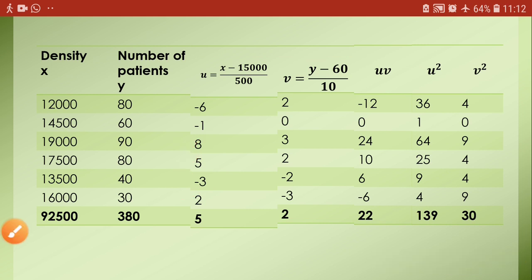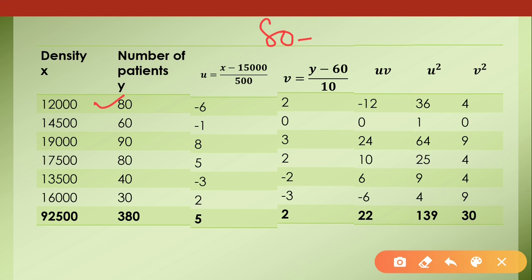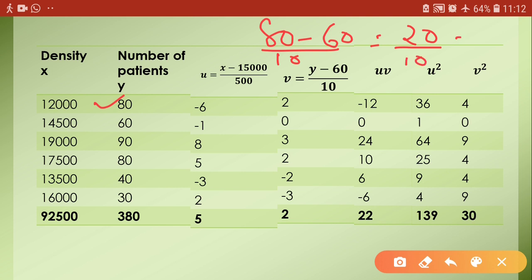Then v. Okay, v is equal to y minus 60 upon 10. So let's take the first example, 80. 80 minus 60 upon 10, it's 20 upon 10, it's 2.